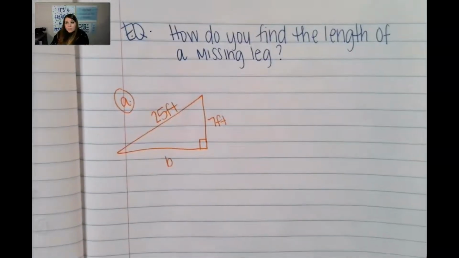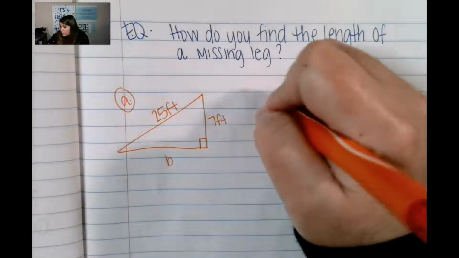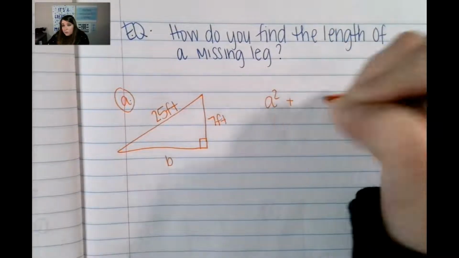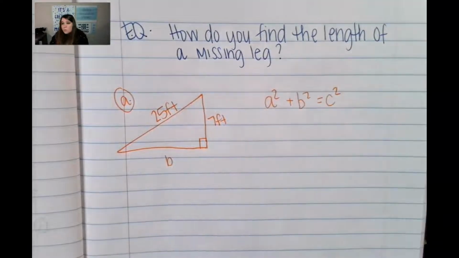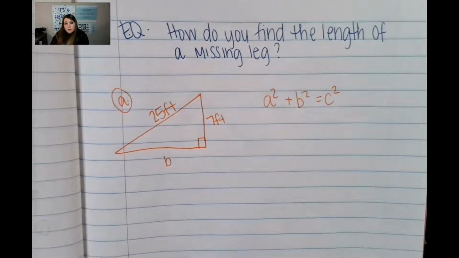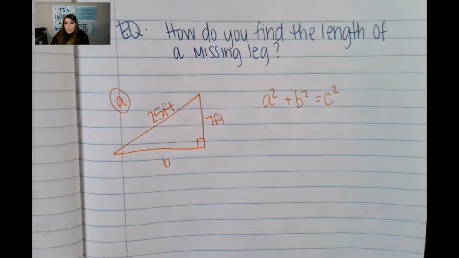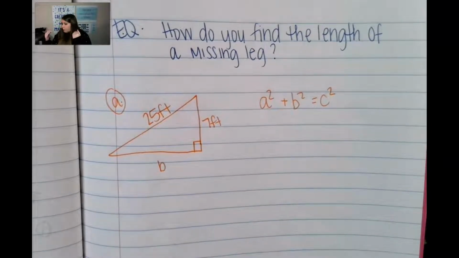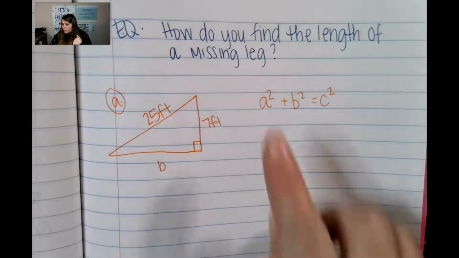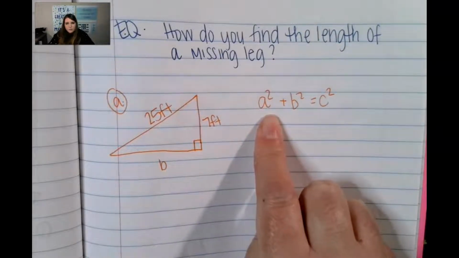And so our job is to, again, continue to use the Pythagorean theorem. So we're going to use a squared plus b squared equals c squared. And we're going to look at using substitution again. So I'm going to think to myself, okay, yesterday I used substitution to just fill in the information that I know.